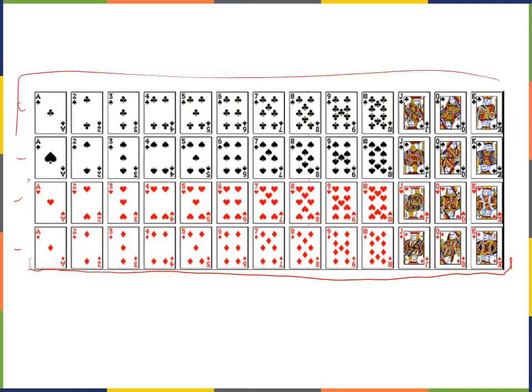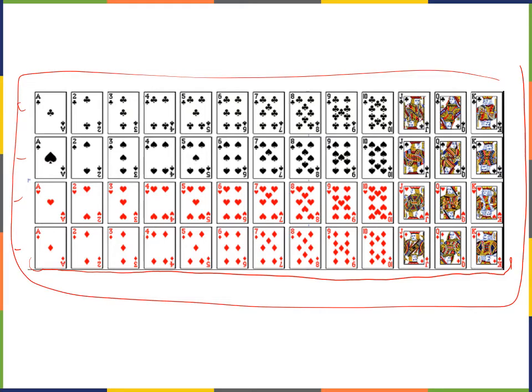There are 52 cards in total. Whenever we deal with a deck of cards, we don't talk jokers, it's a standard deck of cards. So 52 cards in our deck, and 13 of each suit. So 13 clubs, 13 spades, etc. So you've got to familiarize yourself with this so that we can do some probabilities.